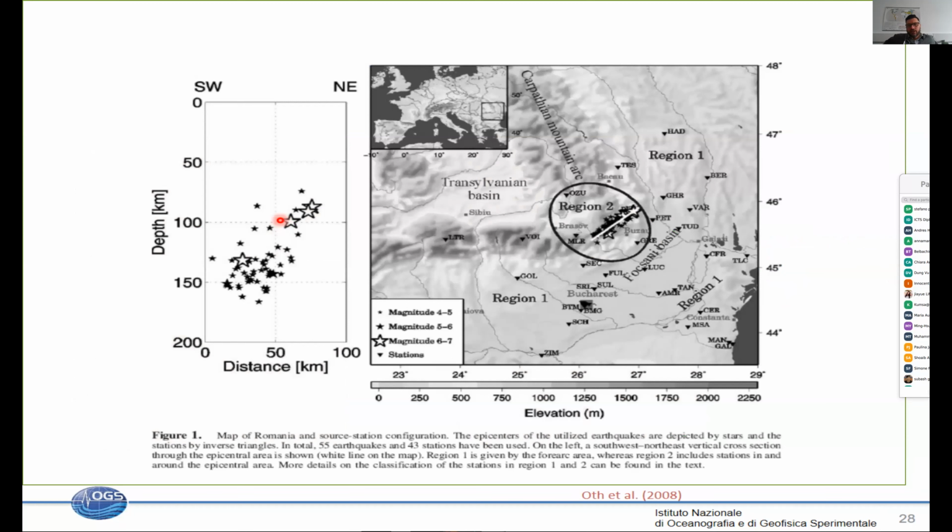The same method can also be applied in even more complicated situations. This was, for example, the case of the Vrancea area in Romania, where earthquakes are generally quite deep and can be very large, with magnitude even up to 7, but with depth larger than 70 kilometers.